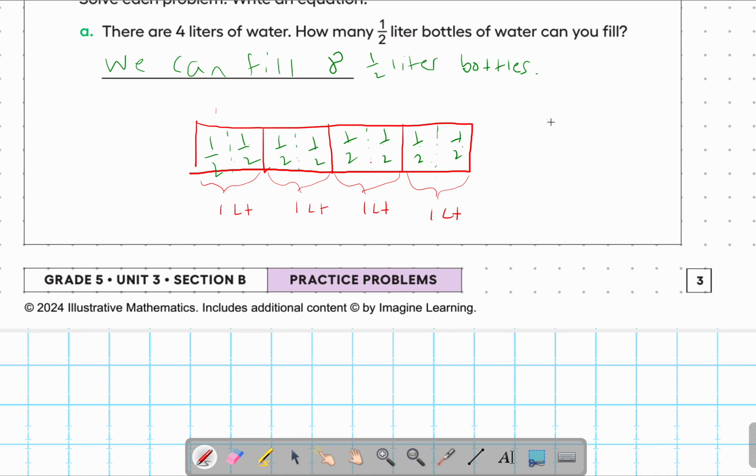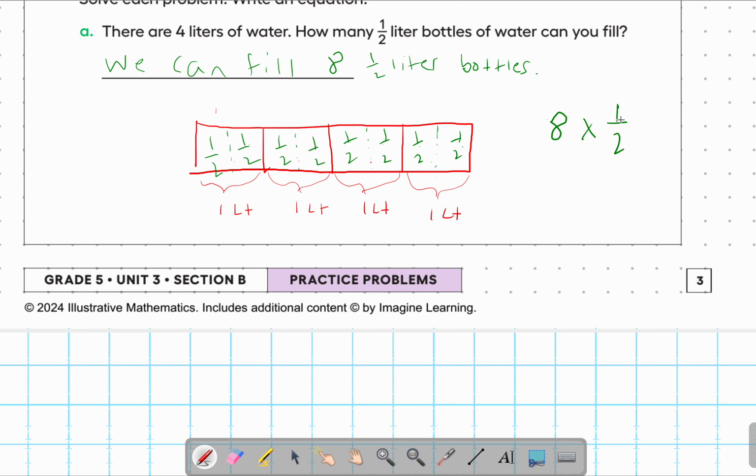So we have 8 half-liter bottles of water, and this 8 is going to be times 1/2 because each of them is a half-liter bottle.